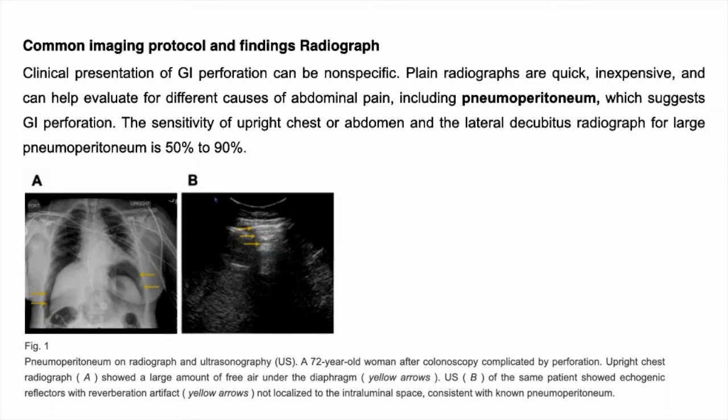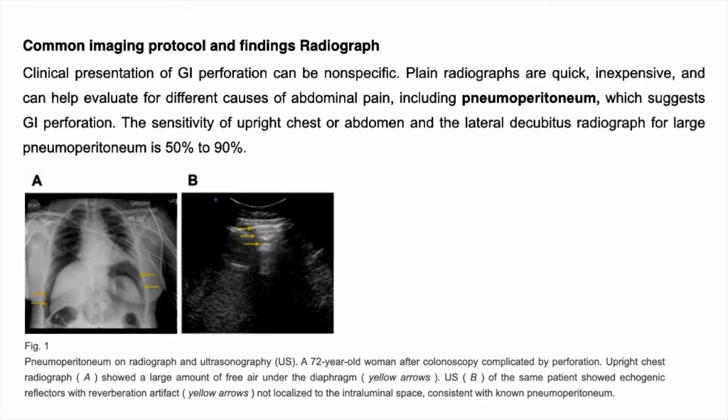In the chest X-ray, you are going to see a mild, moderate, or maybe a large amount of free air under the diaphragm, maybe right or left, or maybe in both. Remember, it always appears first on the right side, above the liver.